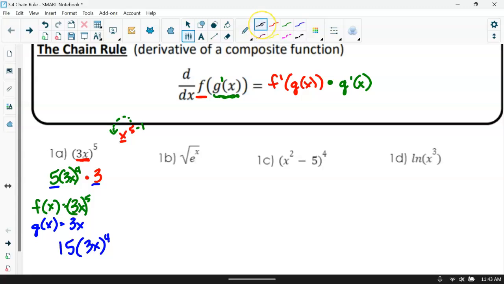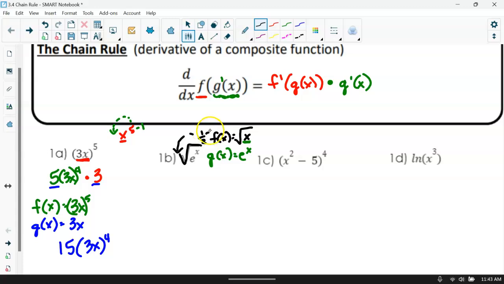So like here, notice how our original f of x function is like the square root of x, because what is x? What is our g of x function? e to the x. So we have to first find the derivative of our f of x function, the outside function, which is the square root. So remember, this is like saying to the 1/2 power.